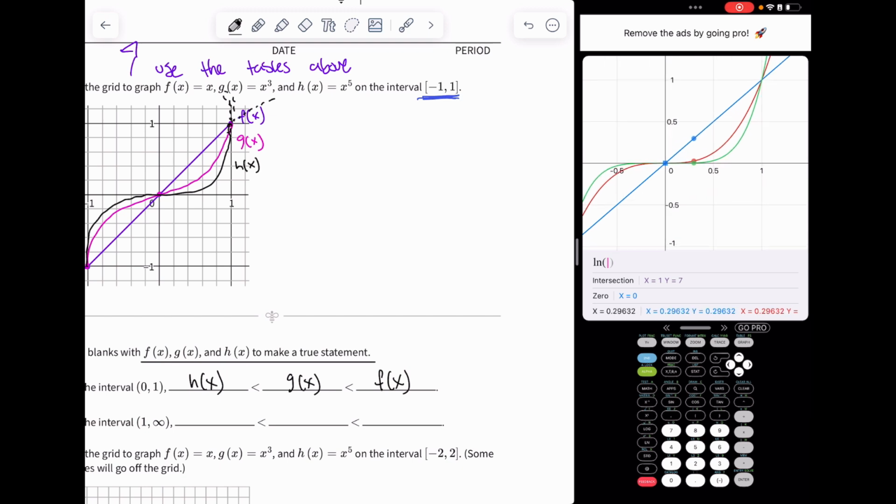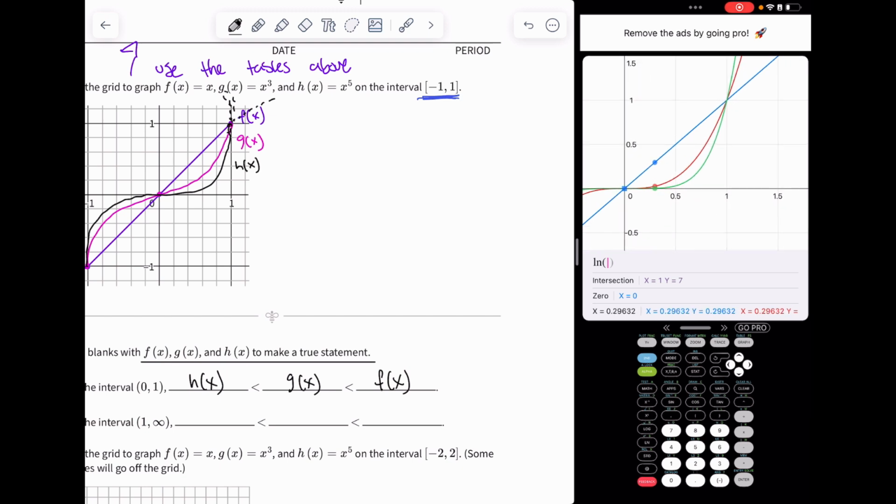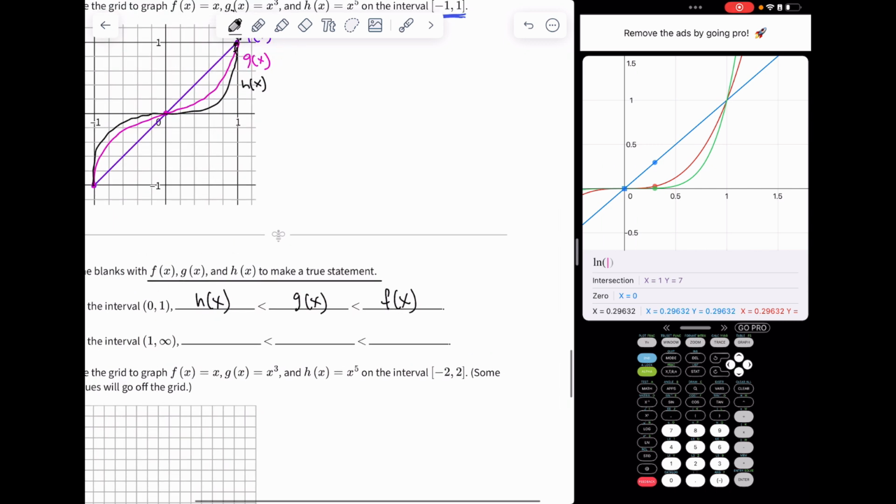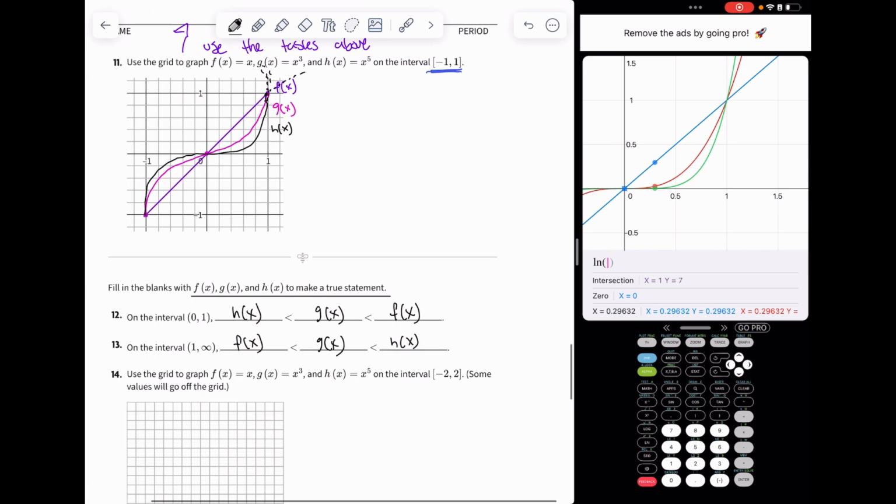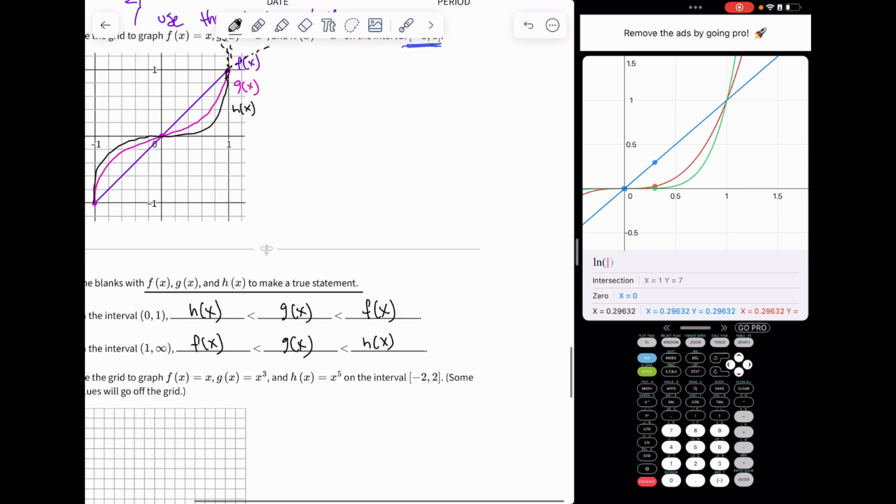So I can easily look over here on my calculator, and I see that the green graph, in the long run, the green graph, h to the fifth, is increasing more, right? So then f of x is my smallest, and then g of x is in the middle, okay? So that should be a little bit intuitive. And why is that?